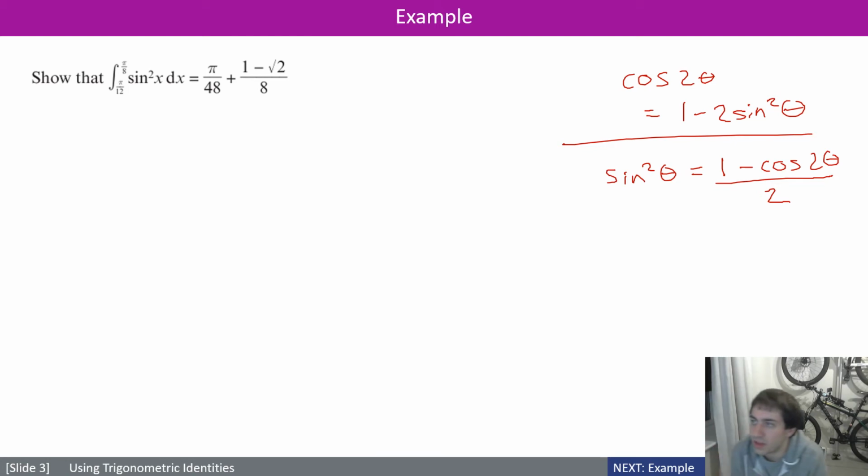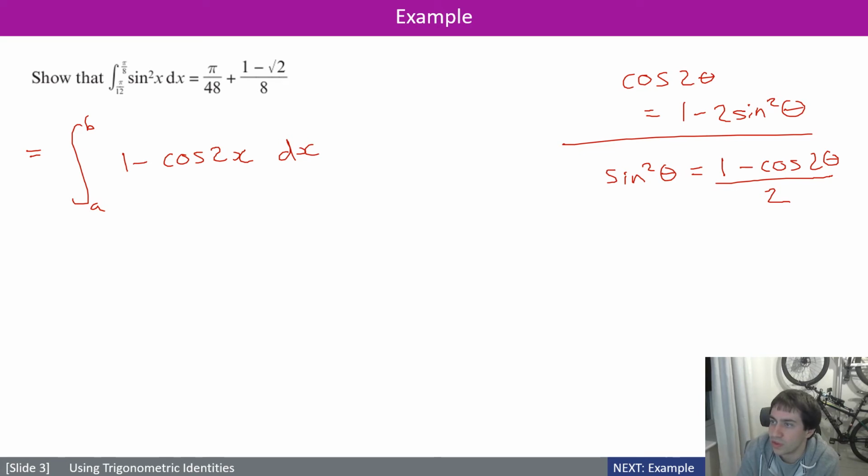So that means that this thing is the integral of, I'm just going to call those limits A and B for now, 1 minus cos 2 theta divided by 2, oh sorry, not theta, we're on x, my mistake, 1 minus cos 2x with respect to x, and the divide by 2, to make it easier on ourselves, let's put it on the outside, because it's just a constant multiplier.